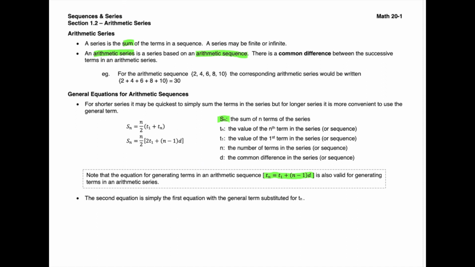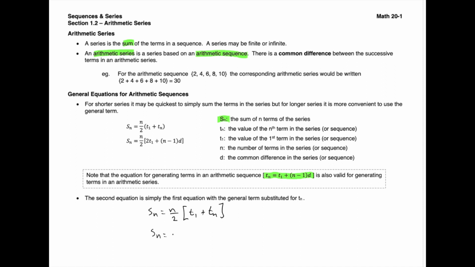Now these 2 equations are actually exactly the same equation. We're just substituting the general term into the first one. If we look at the first one, we have Sn equals n over 2 times t1 plus tn. But tn is equal to t1 plus n minus 1 times d.